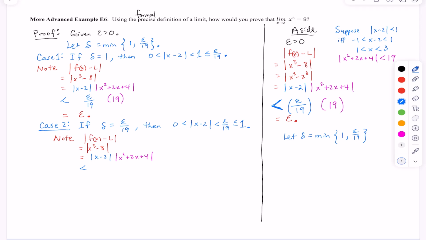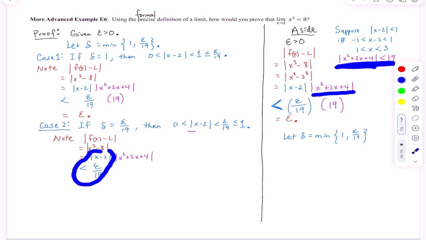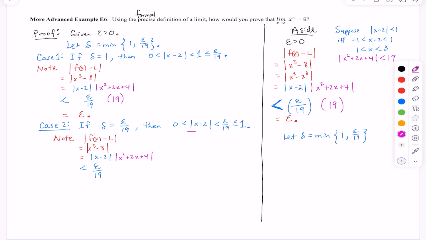This time the first quantity is epsilon over 19. And just like last time, because the absolute value of x minus 2 is less than or equal to 1, this right here is at most equal to 19. We already have this strictly less than, so you don't have to worry about the equals 19 part. We'll just write the quantity 19 here on the next line. Multiply those two together, and you will indeed get epsilon.